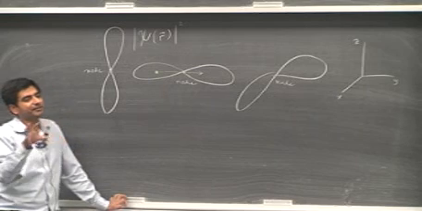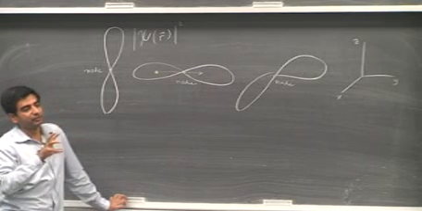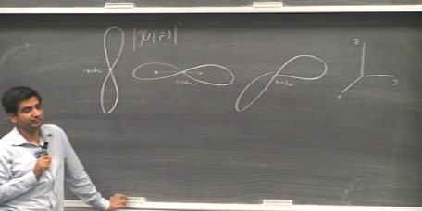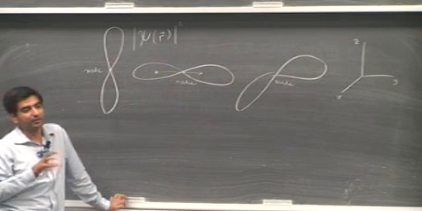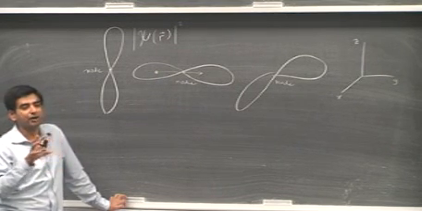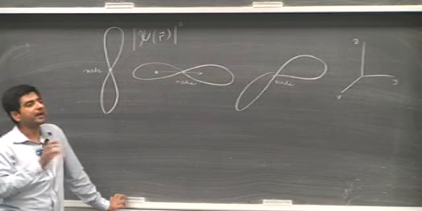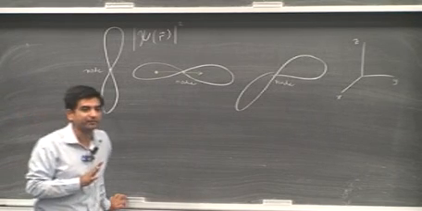I'm now casting his argument in modern terms. You take photographs of the arrow with a camera that has infinite shutter speed. Now each one of those photographs will be a still image of the arrow, and the arrow will appear to be at rest inside each frame, inside each photograph.